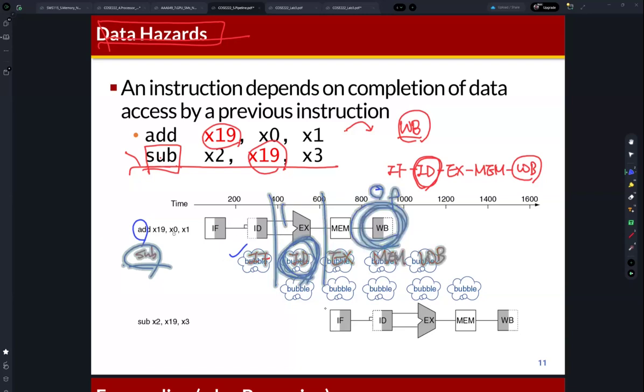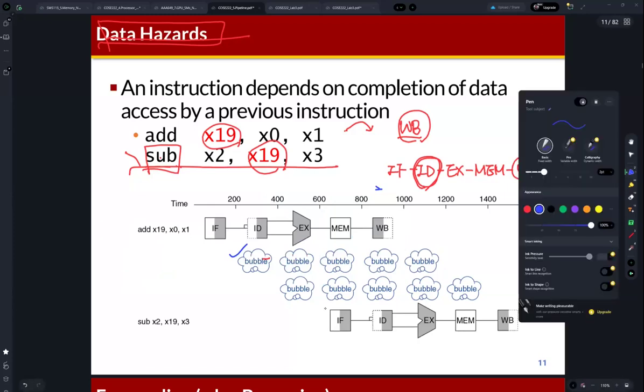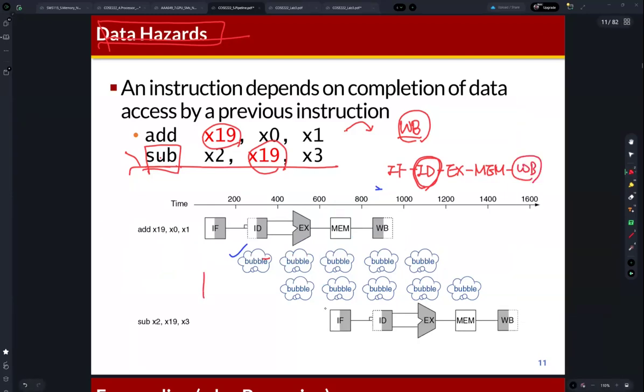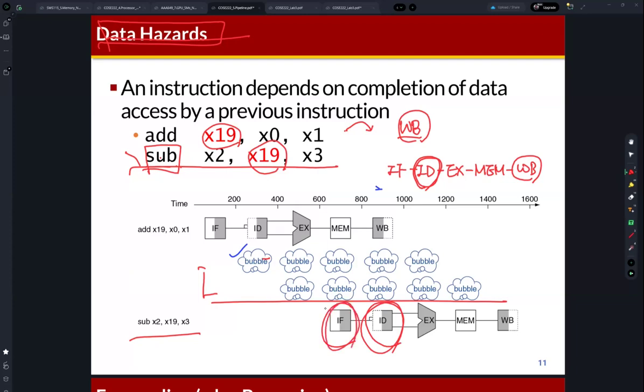In order to generate the correct result, the sub instruction has to wait 2 cycles, and then it can start at this point. So 2 cycles are wasted. This is the data hazard: clock cycles are wasted by data dependencies.